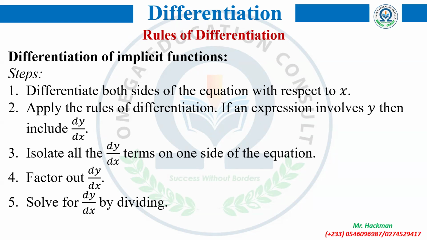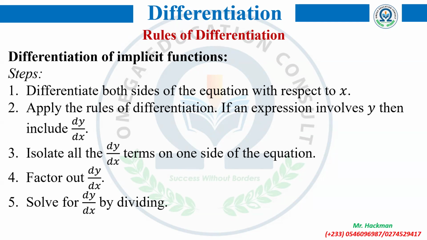Then 2, apply the rules of differentiation. If an expression involves y, then include dy dx, just like we said. If you are differentiating with respect to x and you see y, you have to attach dy dx to that particular term. Do you get my point?